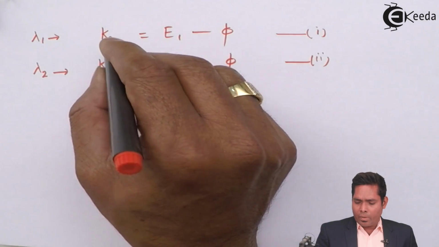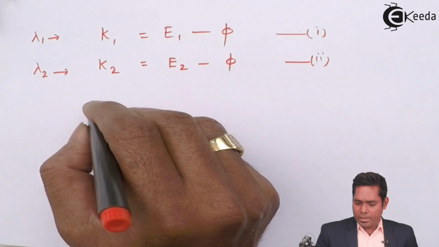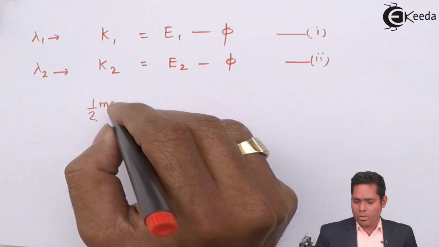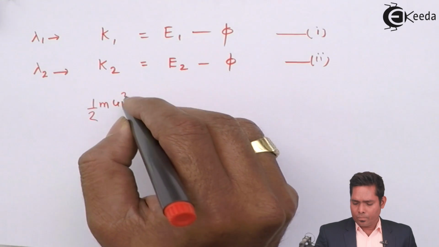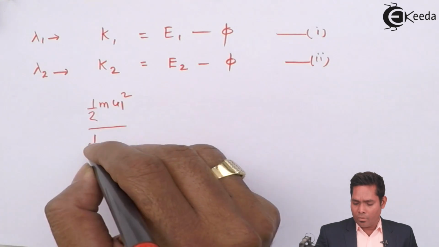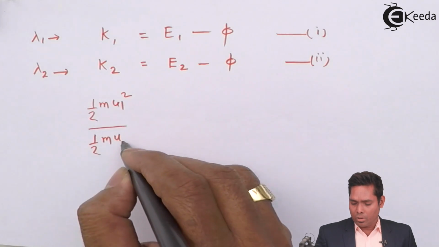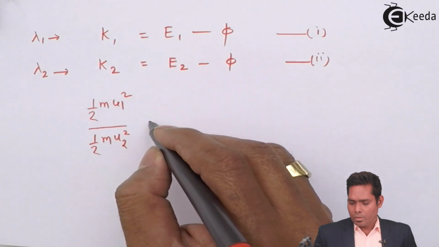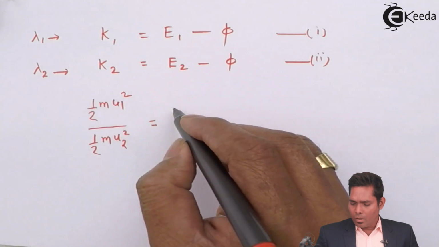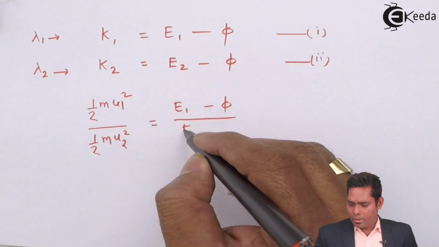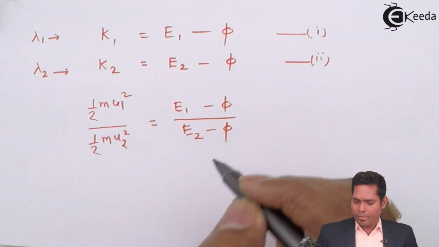Now if I write kinetic energy as half mass of the electron u1 square, divided by half mass of the electron u2 square in the second case, this equals E1 minus phi divided by E2 minus phi.